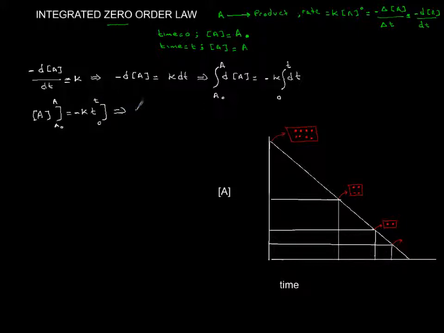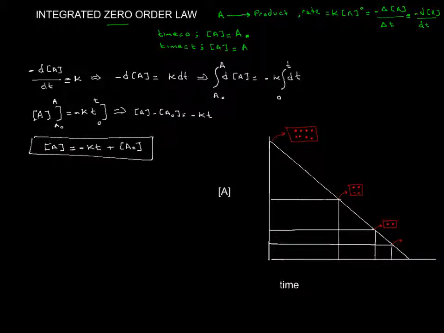So what we have is A minus A0 is equal to minus kt. Now I keep A as my left-hand side and take A0 to the other side: A equals minus kt plus A0. This is the final integrated version of it.